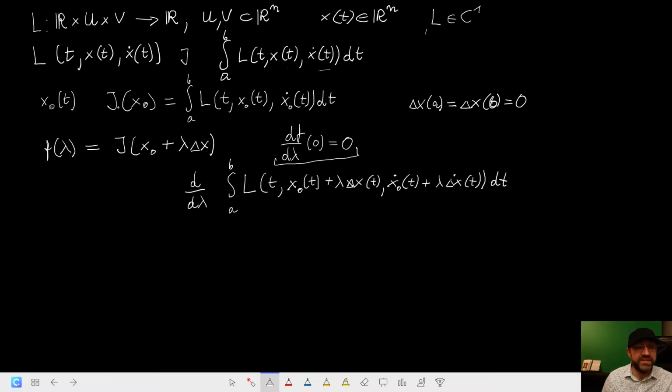If x0 is minimizing this functional, this integral, then 0 is, I said maximizing, minimizing, extremizing, because we don't know what kind of extremum it is. So then 0 extremizes also function f.